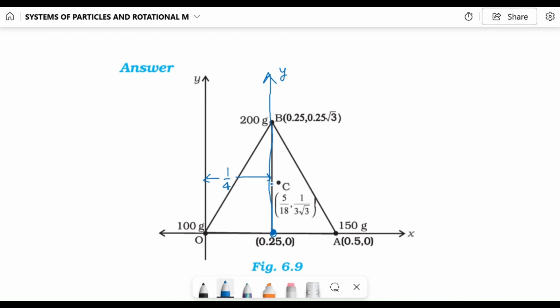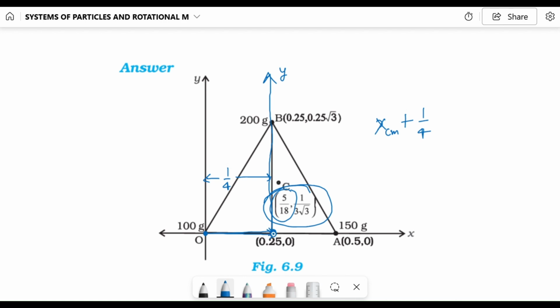So for this example where you are getting the solution from the textbook, the solution should be plus 1 by 4 in our xcm. Means, look, we have shifted this origin to here. We have reduced the x coordinate by 1 by 4.